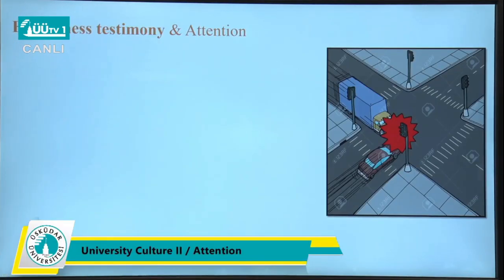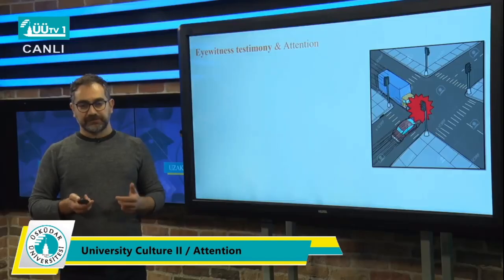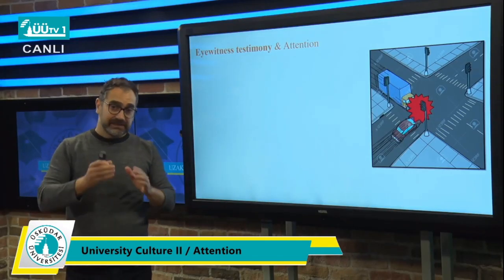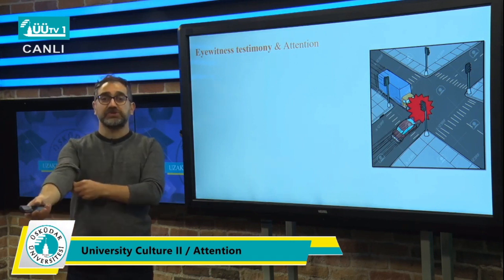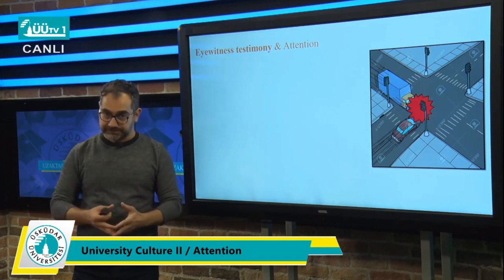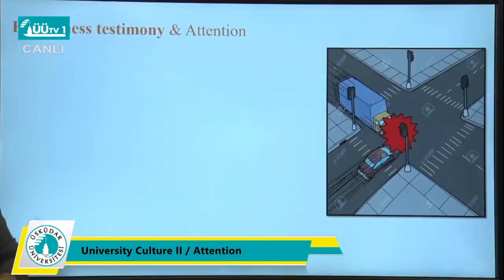All right, is there any relationship between eyewitness testimony and attention? That's another important point showing the dynamics of attention, limitation of attention. Let's consider an accident. That's what the picture is depicting.